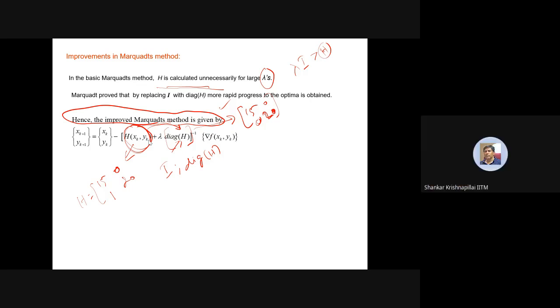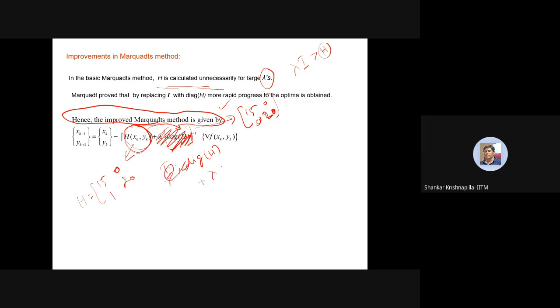Yeah. Okay, so that is not the thing. You understand Newton's method, no? Where this is not there. If lambda is not there, then this becomes Newton's method.